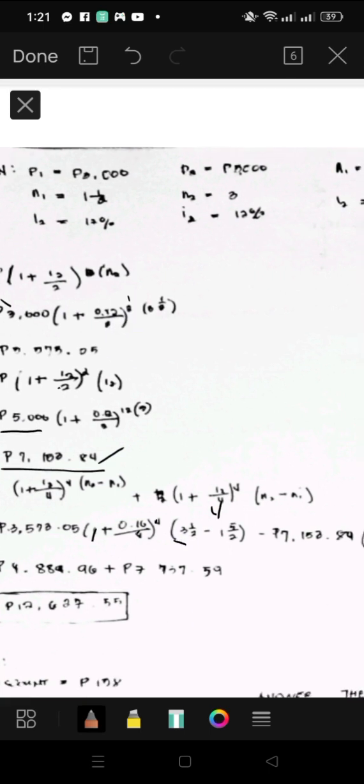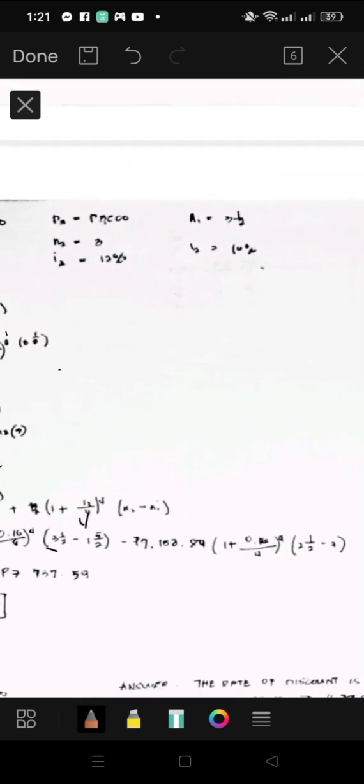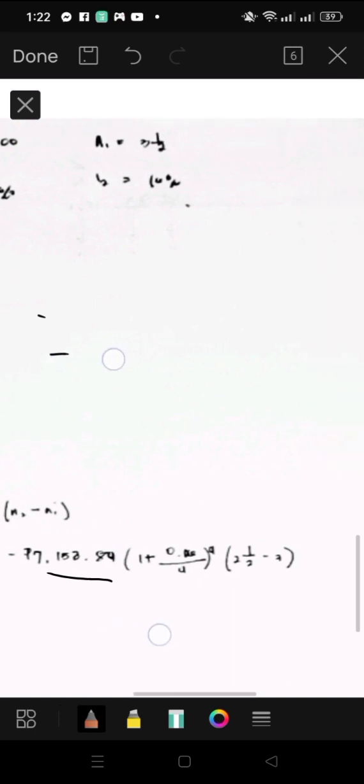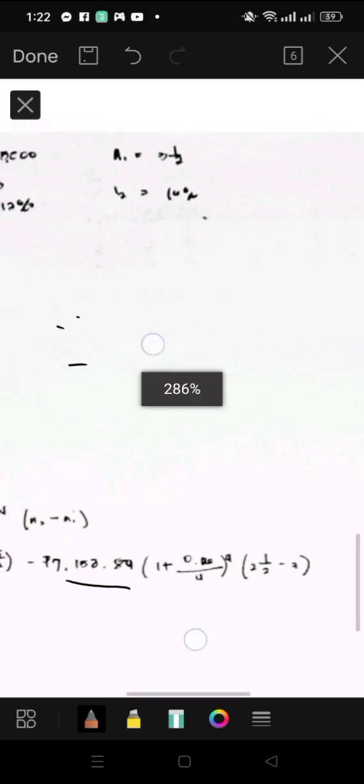So plus F2 7,153.84 quantity of 1 plus 0.16 over 4 raised to the power of 4 multiply to 1/2 minus 3.